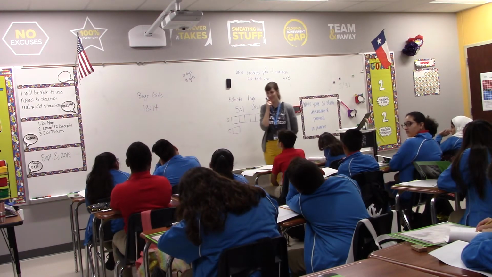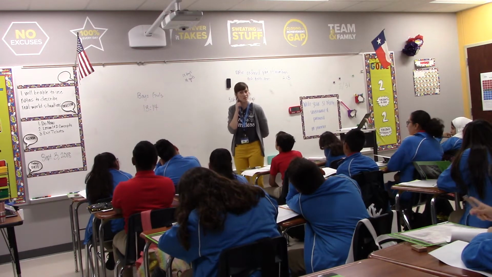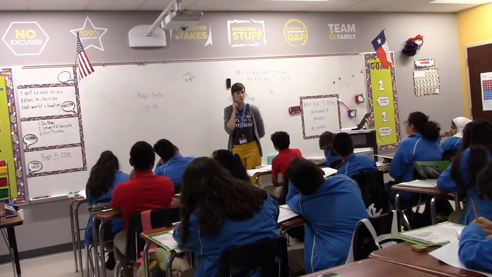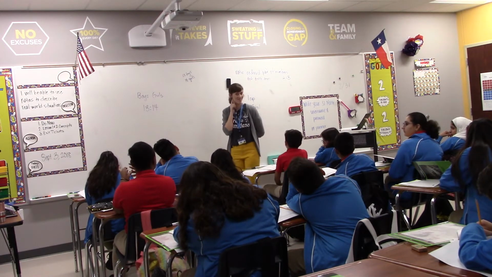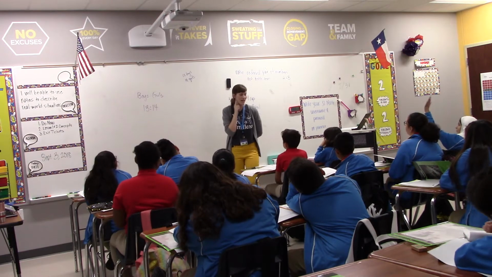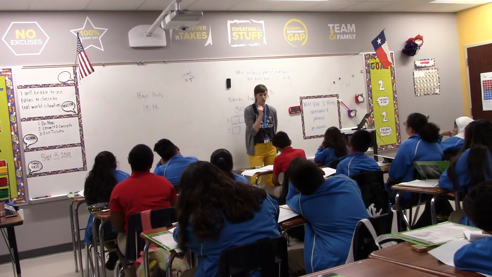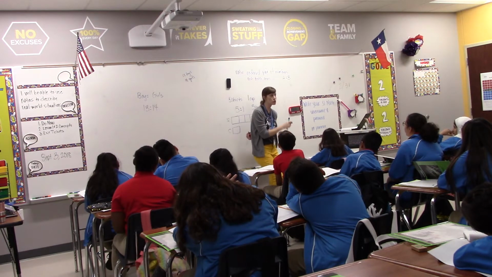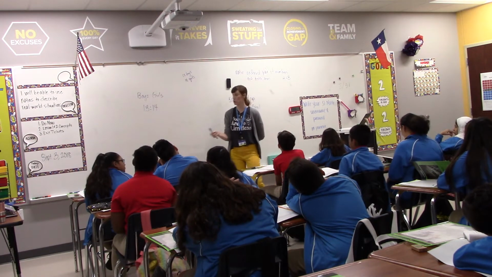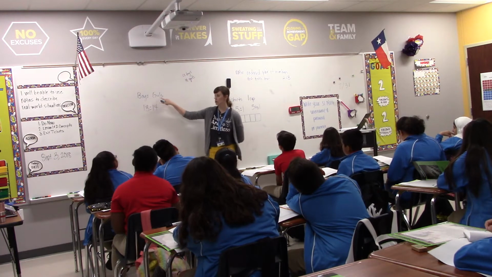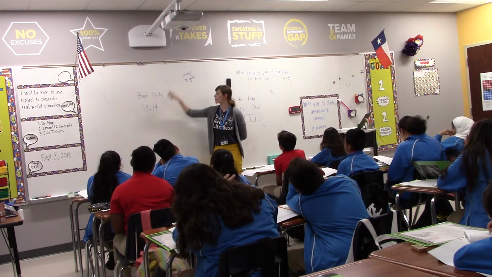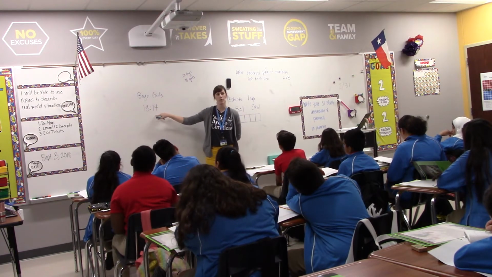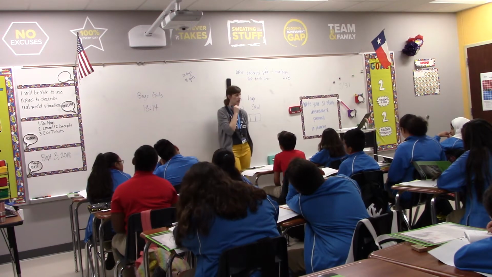Because the question says, write the ratio of the number of boys to the number of girls. So boys to girls, we have 13 boys for every 14 girls, right?